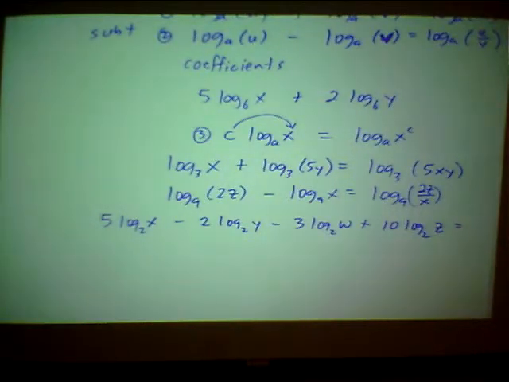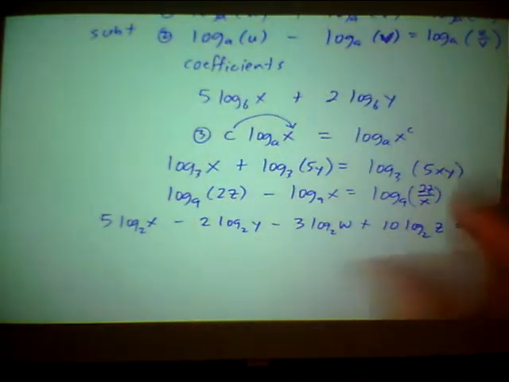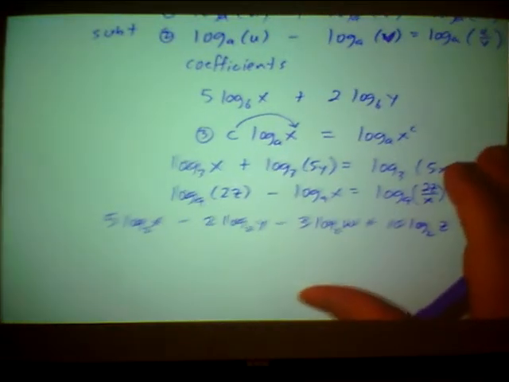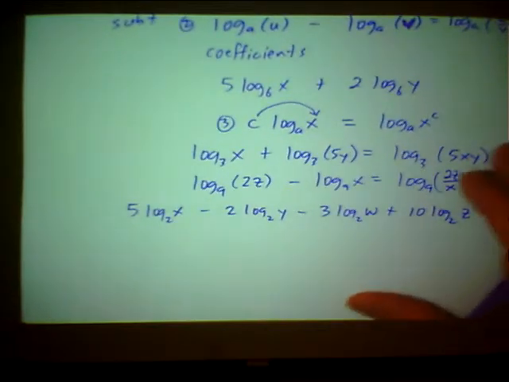I have now 4 log terms that I want to combine into one log. Now, they all have the same base. The base of all the logs is 2, but you notice they all have coefficients. My rules about adding and subtracting log terms only apply if there's no coefficients. So the first step is, for each of these log terms, I have to, quote unquote, get rid of the coefficients. And that's where I'm going to use my third rule, where I can take the coefficient and move it up and make it like an exponent.